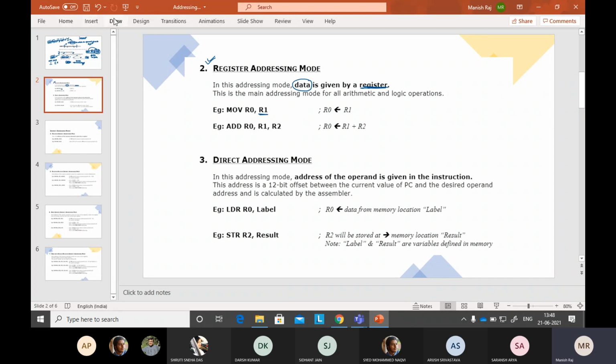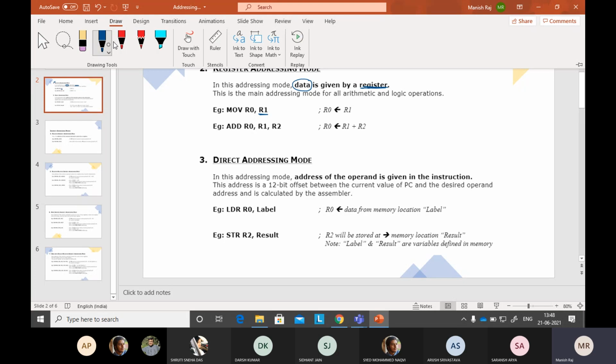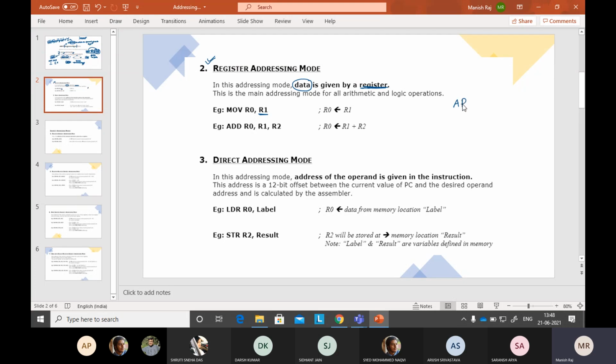Third is the direct addressing mode. Remember this part: I have already discussed this many times, in the ARM you will deal with the registers only, and for the memory you can use only two types of instruction, one is store, second is load.